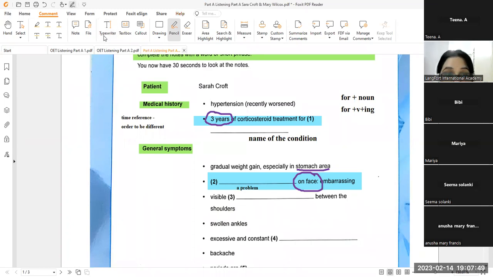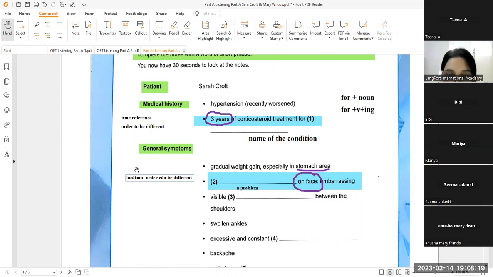So again, similar to time reference, especially when it comes to spoken language, location can be placed in a different order. So whenever you get location, here location being the face, remember order can be different to that of what is given in the question booklet. Here we get the problem, then they mention the location. However, in spoken language, they can mention the location first, then give you the problem.